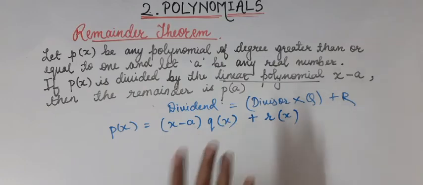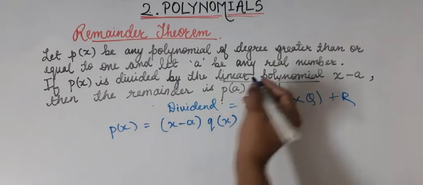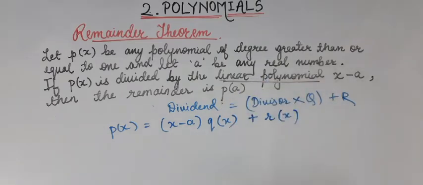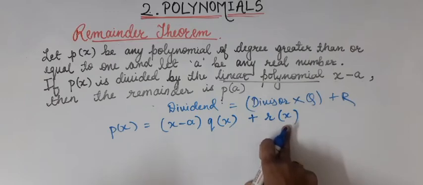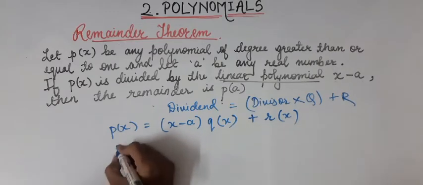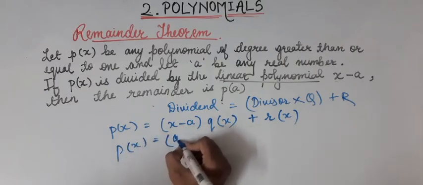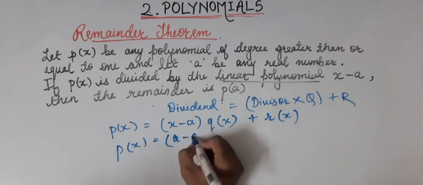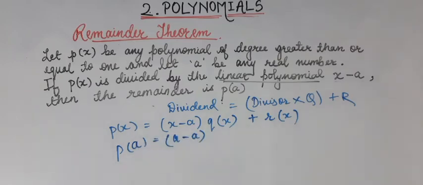And now just apply the theorem to this. This theorem states that when you are getting the remainder, we know the remainder is going to be p of a.